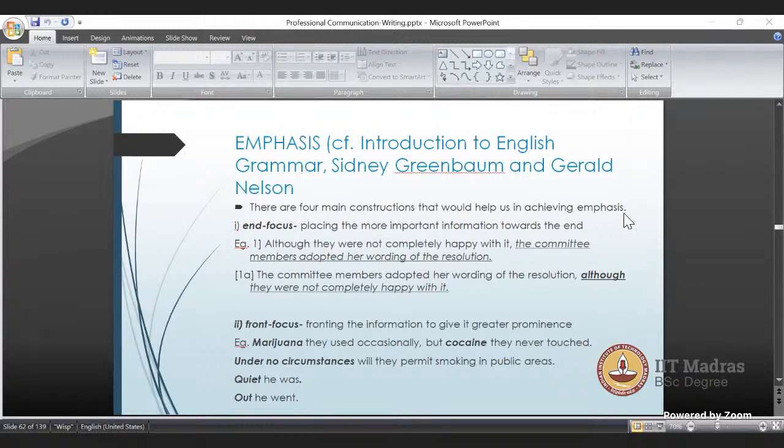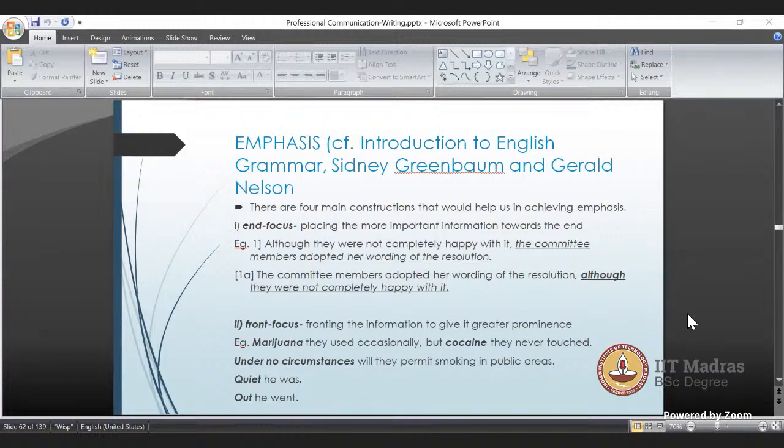Yes, ma'am. Just keep this in mind. We should just know how they are used, but front focus won't be a great, successful style in formal writing, although it can be used, right?